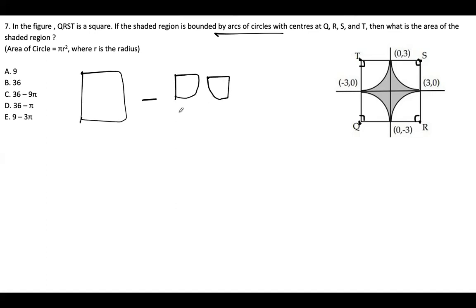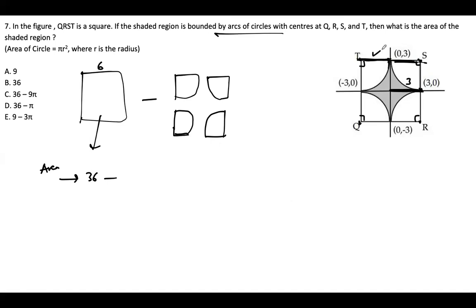These 4 things. Sorry, I'm not making the structures properly. Can you find the area of the square? If this is 3 comma 0, then you know that this is 3. So this is also 3 as we are talking about the square. So side of the square is 6. What will be the area? 36.